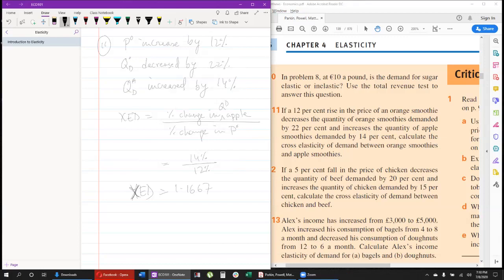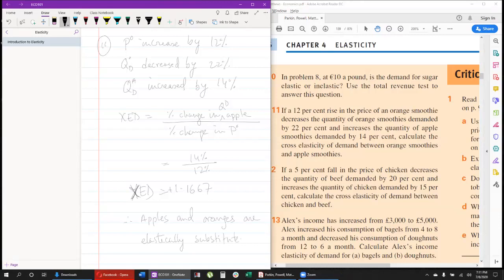So based on the fact that we have a positive sign here, we can say that apples and oranges are substitute goods, and the fact that it is more than one means that it's elastic. So therefore, apples and oranges are elastic substitutes.